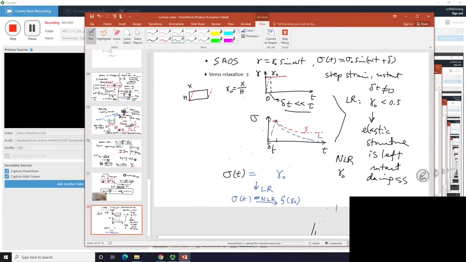When it's a linear response, they are linearly related, and the coefficient in front of that linearity, by definition, is a stress, G(t), and we call it the relaxation modulus. In the linear response limit, it is a material function. That's all. That's all you need to know about stress relaxation.